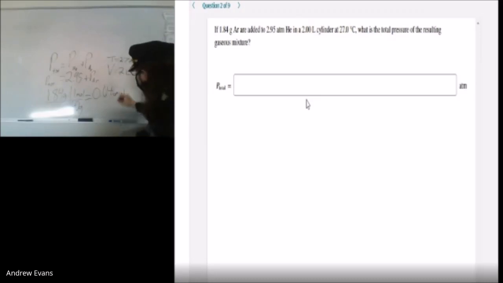So we have to say P equals nRT over volume. Our R has to be the R that turns liters, moles, and Kelvin into atmospheres. So our R would have to be 0.08206.